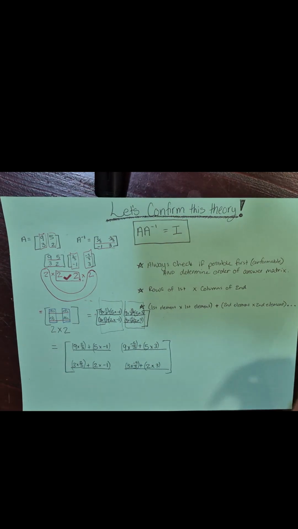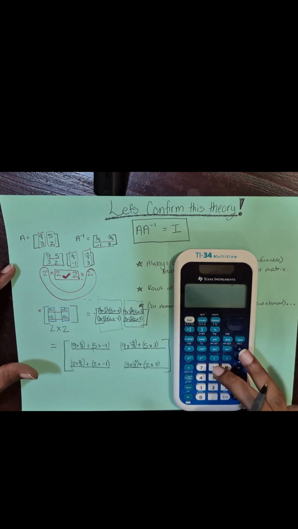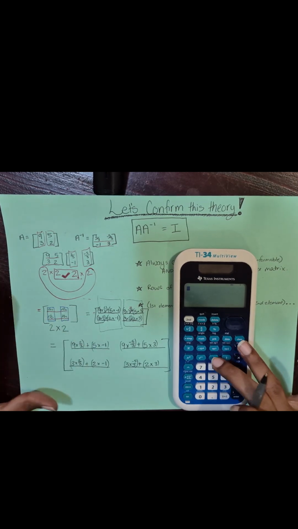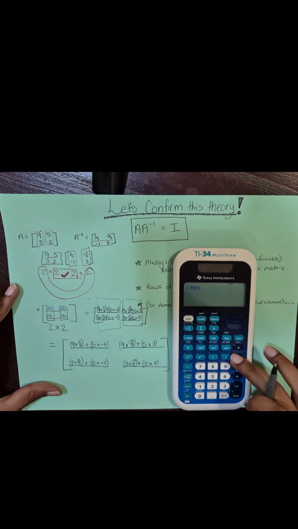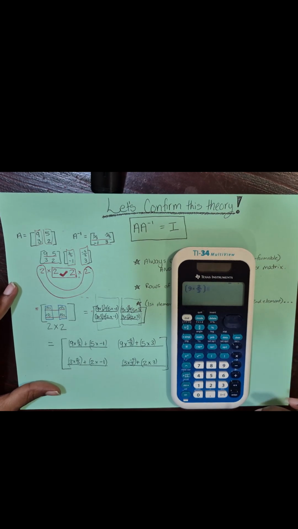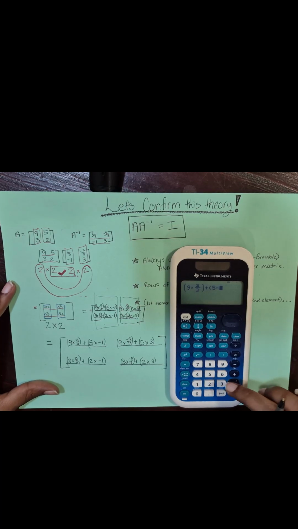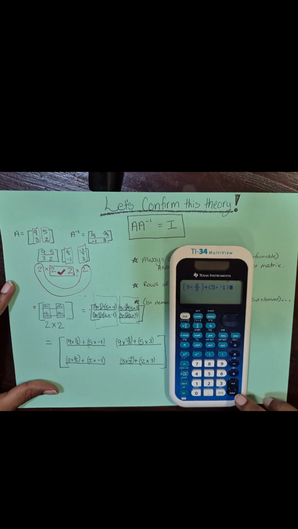So now let's find our final answers. Let's put this in the calculator. So let's do this first element. In the first element, you have 9 times 2 over 3, close brackets, plus 5 times -1.